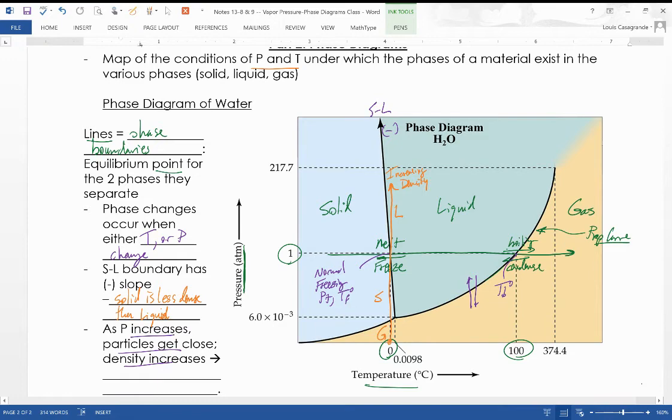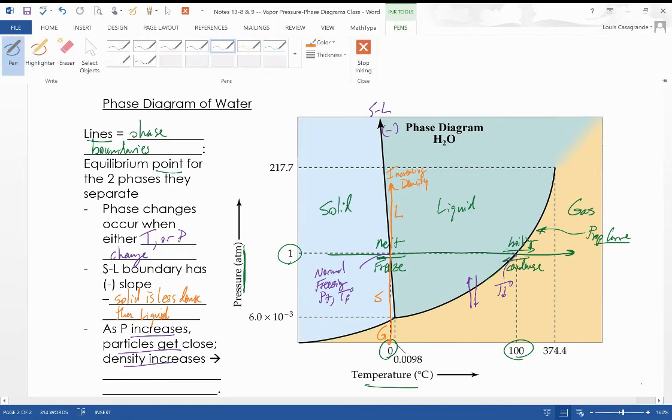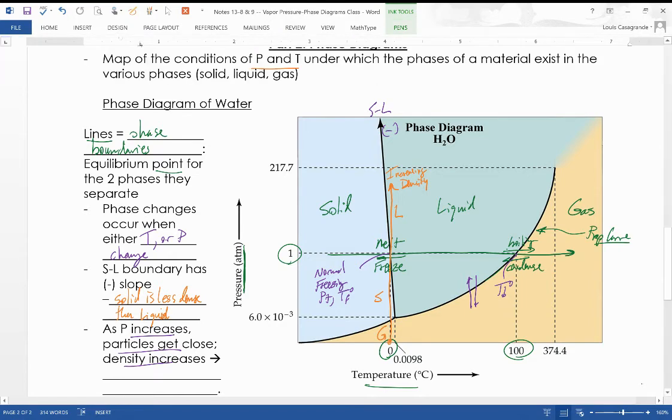Most materials are going to go the other way, and you'll see that in our next phase diagram. Two more important points on here, and one of these points you'll see in the video that I told you about. At 0.0098 degrees Celsius and 6 times 10 to the minus 3 atmospheres pressure, we have what's called the triple point.